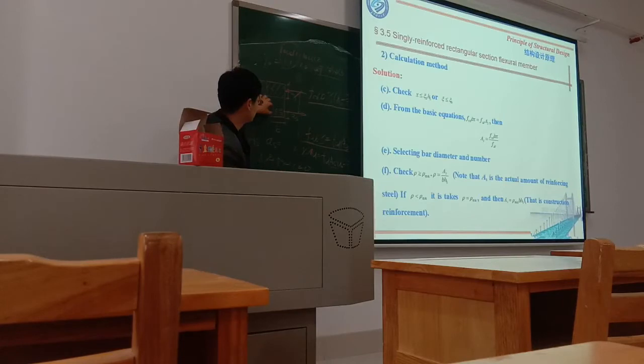If you use 2 layers or 3 layers, generally AS becomes larger. That means this distance h0 minus half x becomes smaller. That means the arm becomes smaller. So that means the effective reinforcement is smaller.